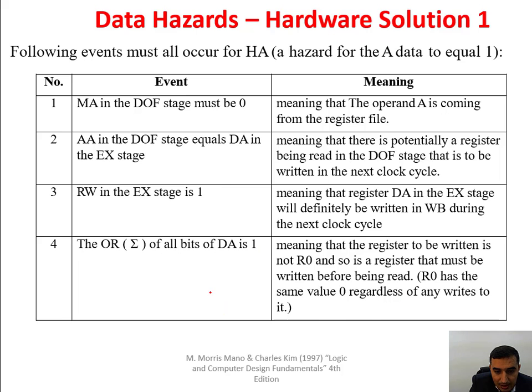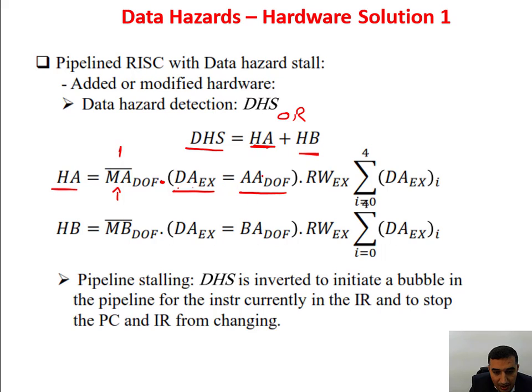And the destination address and AA are equal, and RW in the execution stage is equal to 1. So this is 1, this is 1. And we need to make sure that the sum over i from 0 to 4 of DA bits is not equal to 0, meaning I'm not writing to register 0, otherwise we have an error.